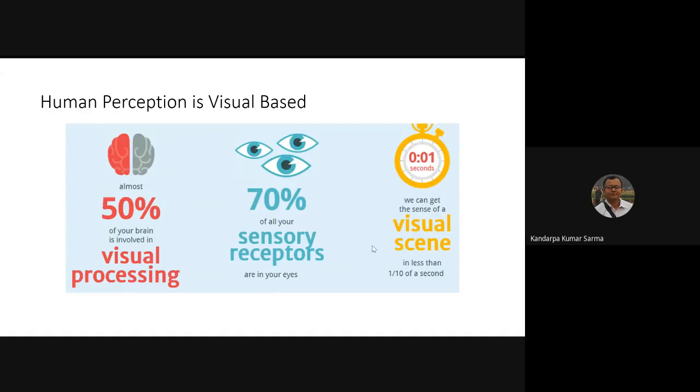We all know that our brain is based on 50% visual processing. 70% of all our sensory receptors are based on the eyes, and we can get a response from a visual stimulus in just about 0.1 seconds, one tenth of a second. So our brain is quite comfortable with visual presentation.